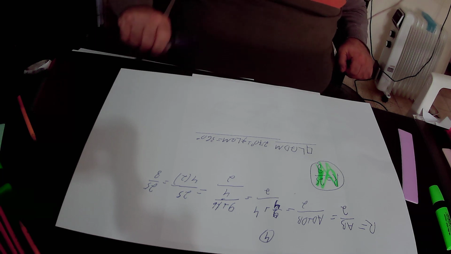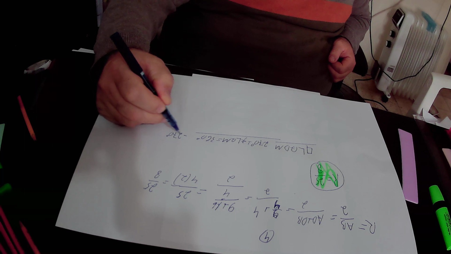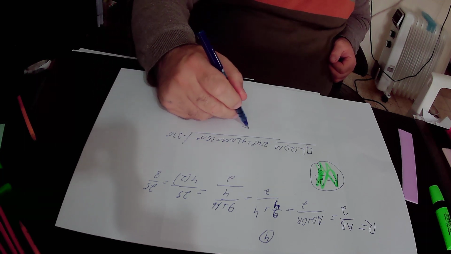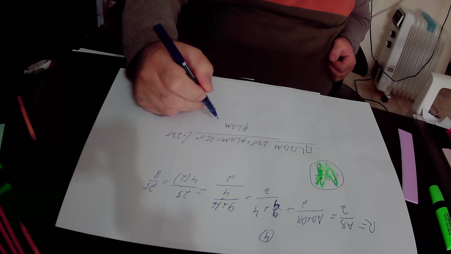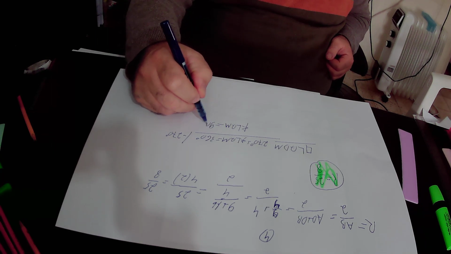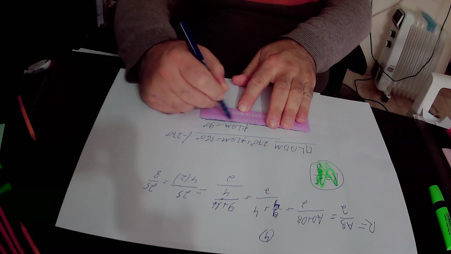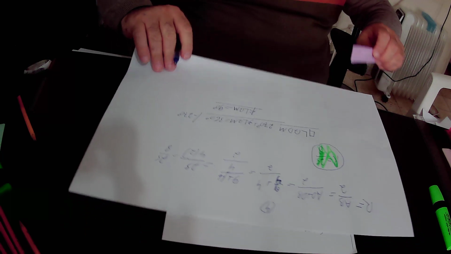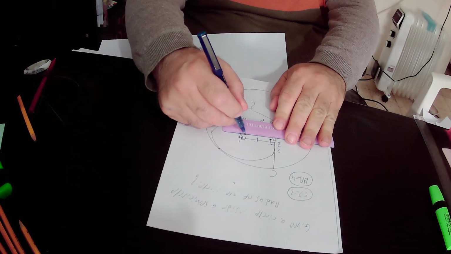Here we will subtract 270 degrees from this equation, and we get that the missing angle LQM is equal to 360 degrees minus 270 degrees, it is 90 degrees. So the missing angle LQM is a right angle.